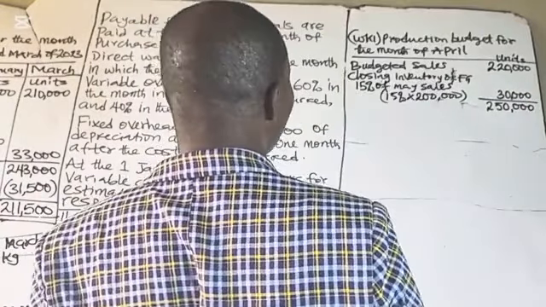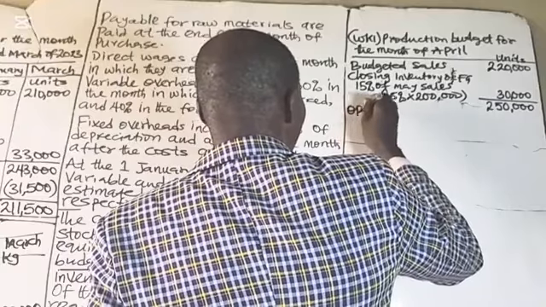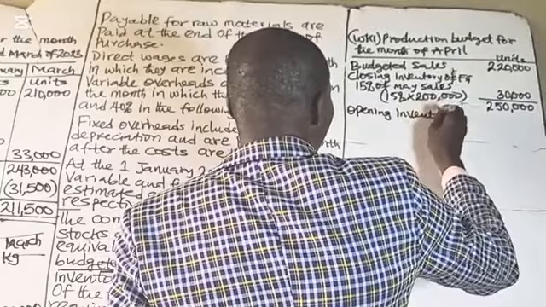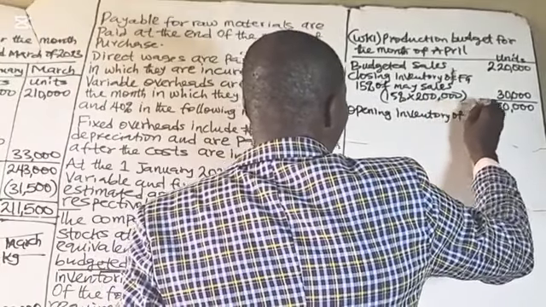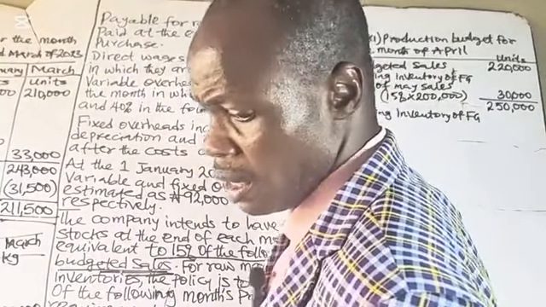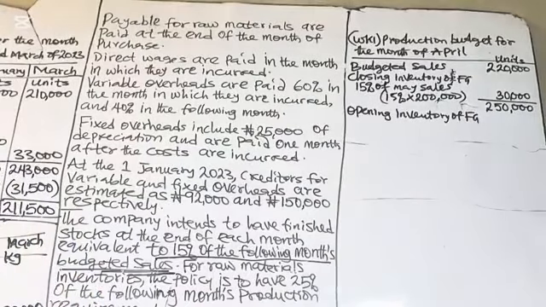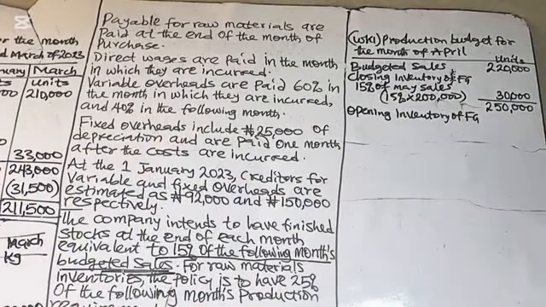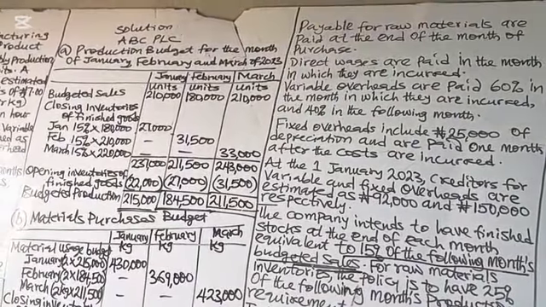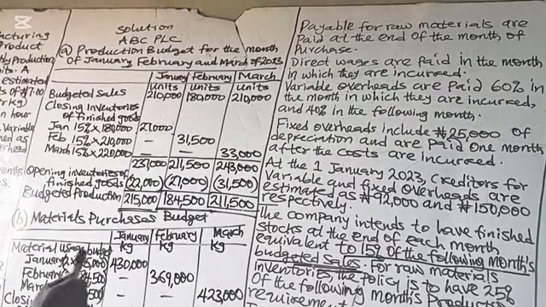Then from this, you deduct opening inventory of finished goods. Whatever you have as the closing inventory of finished goods in the month of March will be the opening inventory in the month of April.